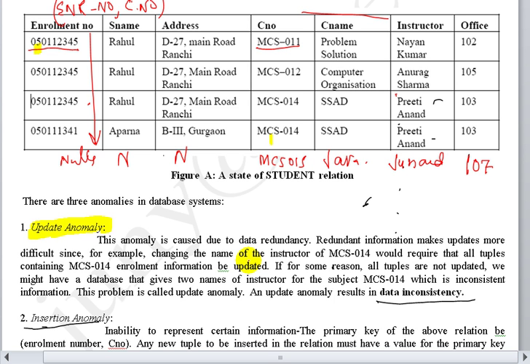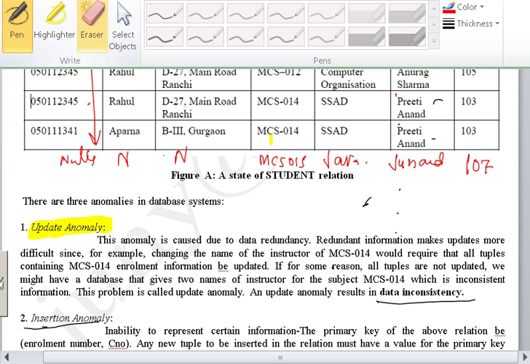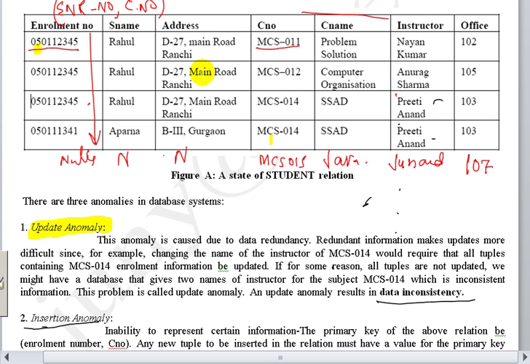Let's visualize it from the table. See what I'm saying. For example, my teacher, say Preeti Anand, left. Or for example, a student.